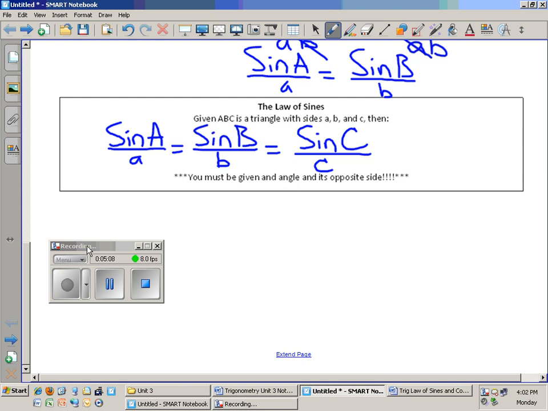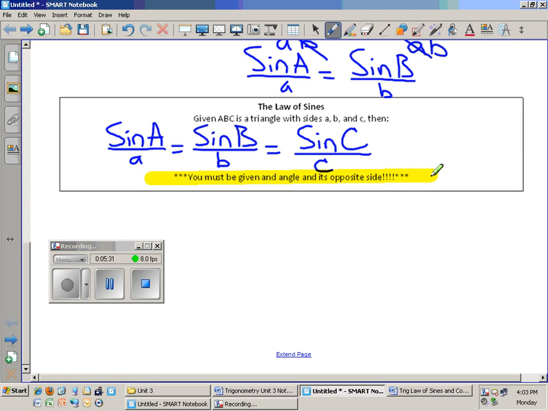The key to making this work is the phrase at the bottom. It says you must be given an angle and its opposite side. You must be given an angle and its opposite side in order to make this work.